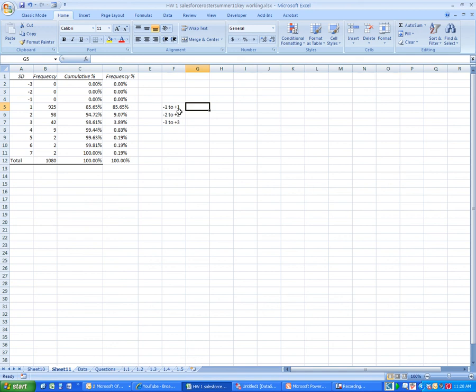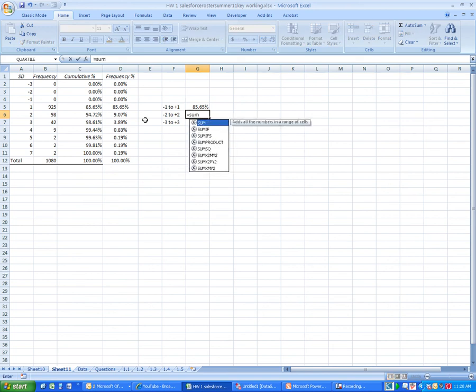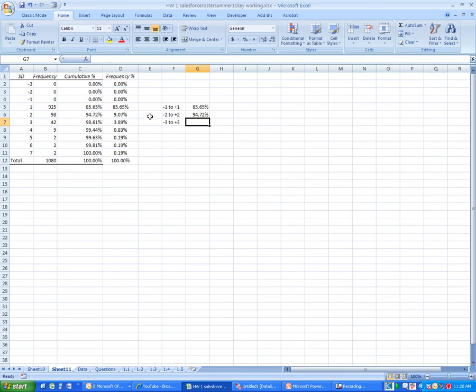So plus or minus 1 is simply the sum of minus 1 to plus 1. So there's your first answer, 85.65%. Now, for minus 2 to plus 2, we're just simply going to add that range. So we're going to go minus 2 to plus 2. Close the parens. There we have it. And how many are minus 3 to plus 3?